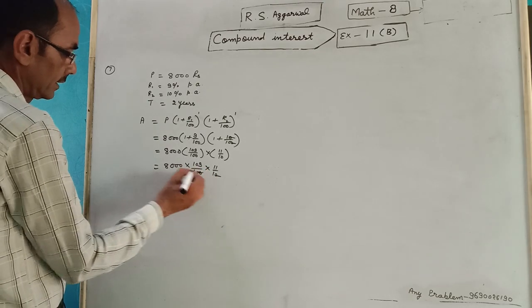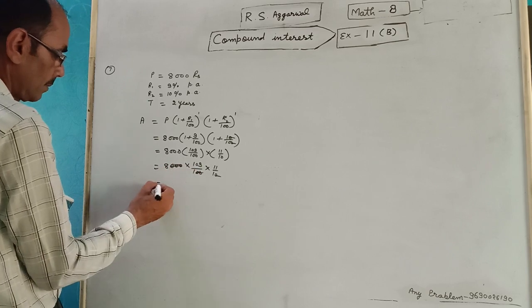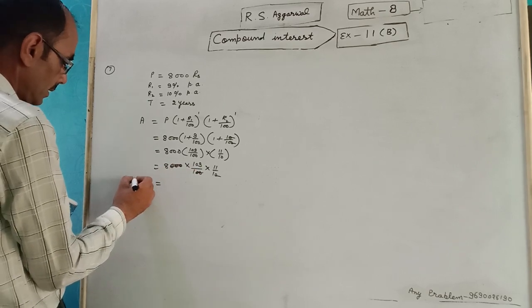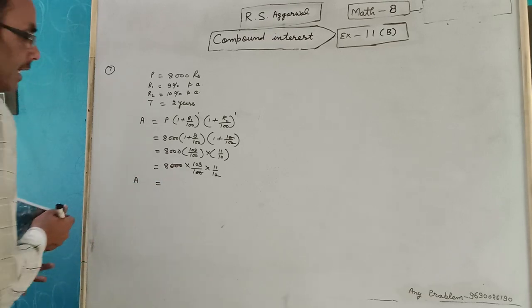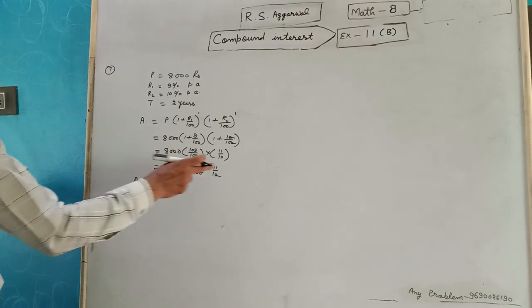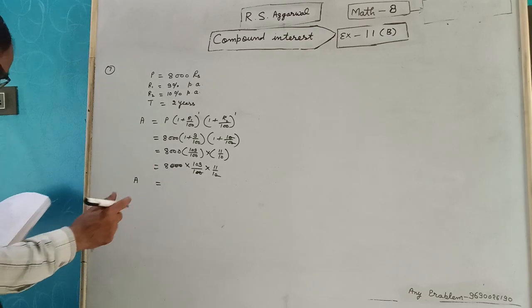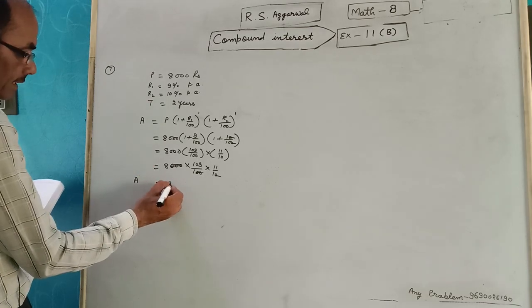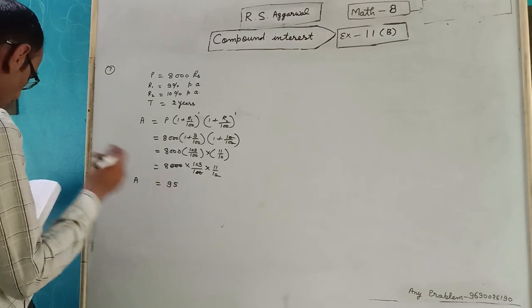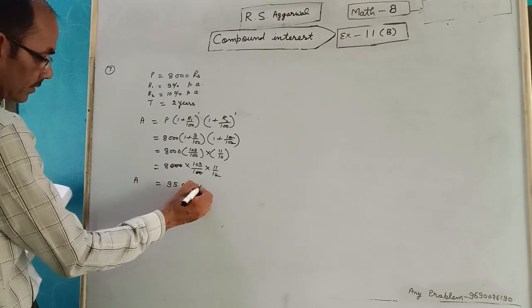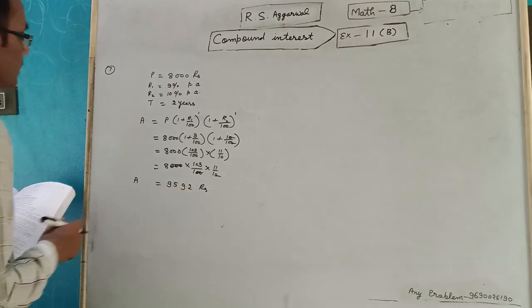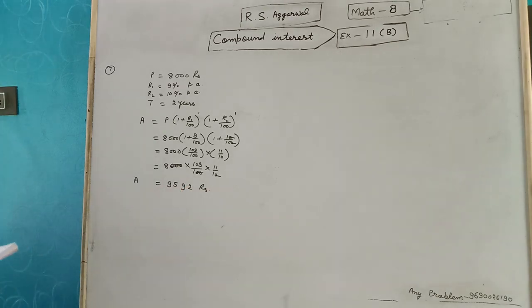After multiply, we get 109 into 88, and we get 9,592 rupees. Question 7 is complete.